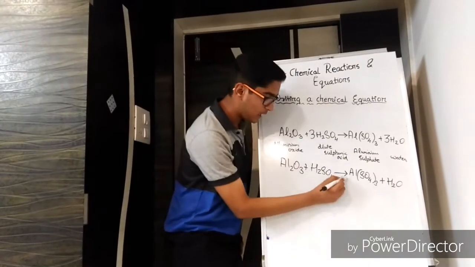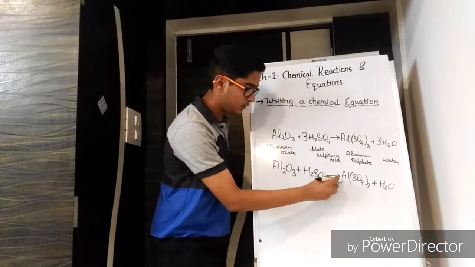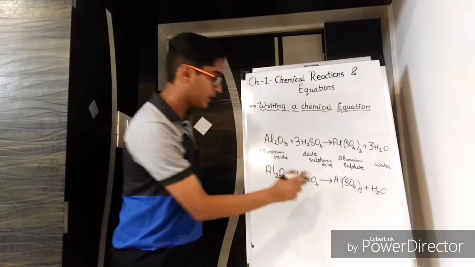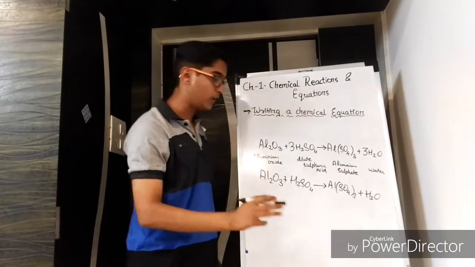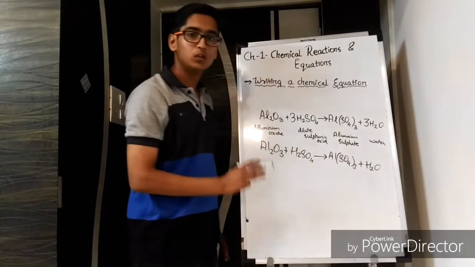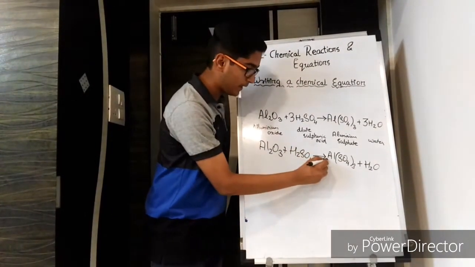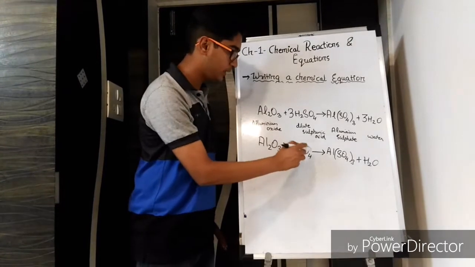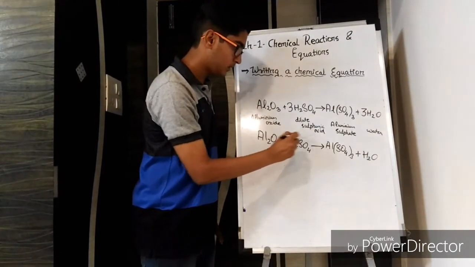So this arrow acts as an indicator. Like in maths, we have an equal to sign to indicate that this is equal to this. So over here, the arrow acts similarly.